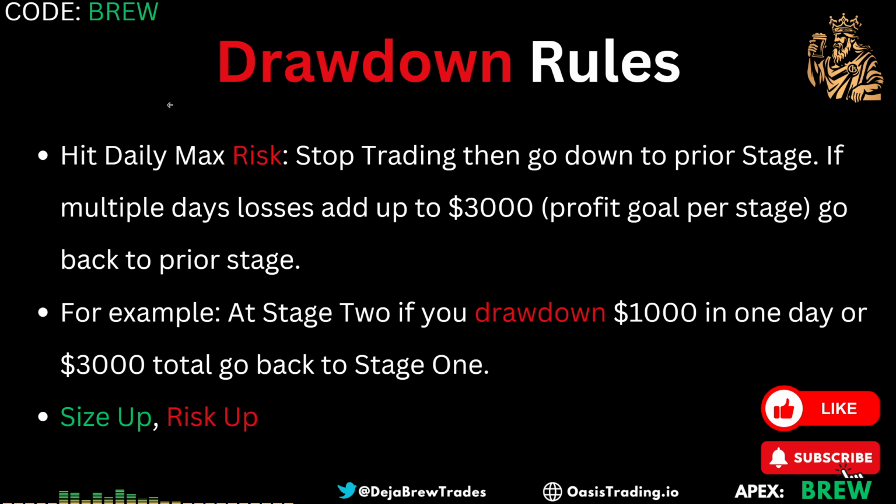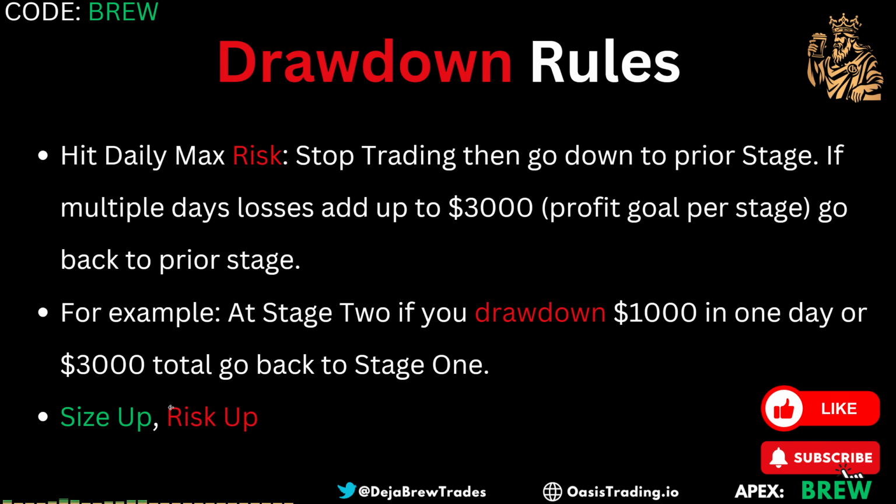Every single stage you're looking for $3,000. So if multiple days in that stage add up to a $3,000 loss, go back to the prior stage. You're not consistent enough. If you have 3 red days, 1,000, 1,000, 1,000, you obviously would be hitting your daily max risk anyway. But just to use this as a scenario, you go back to your prior stage because that total loss is 3,000.